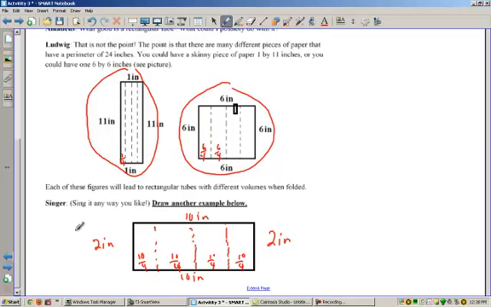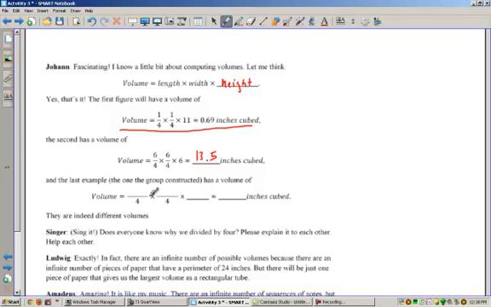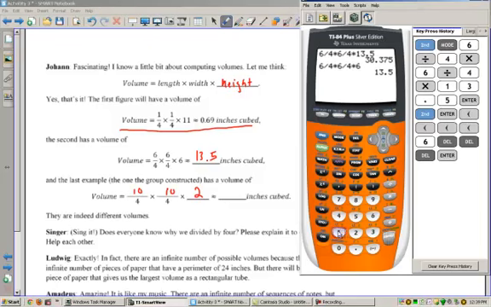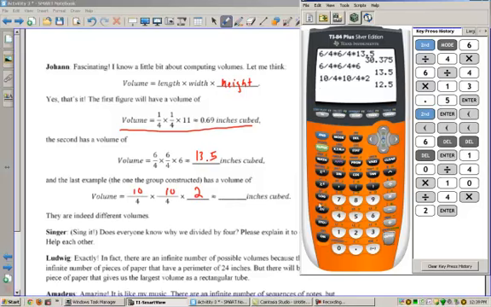And we see when we construct our rectangular tube, what we have is 10/4, 10/4, and then 2 inches here. And so the volume is 10/4 times 10/4 times the height, which is 2. And again, on my calculator, I can do this. So 10 divided by 4 times 10 divided by 4 and times a 2, and I get out 12.5 inches cubed.